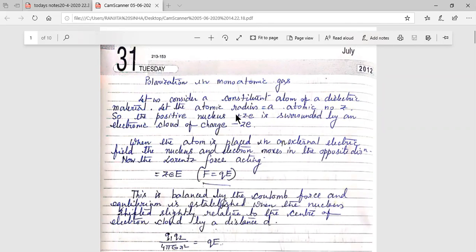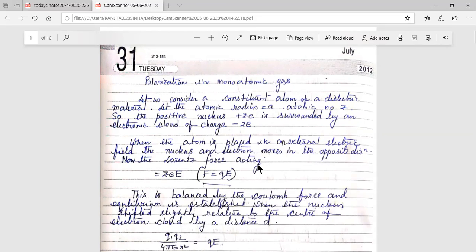So plus Ze is the charge of the nucleus and the electron cloud has charge minus Ze. When the atom is placed in an external electric field, the nucleus and the electrons move in opposite directions.